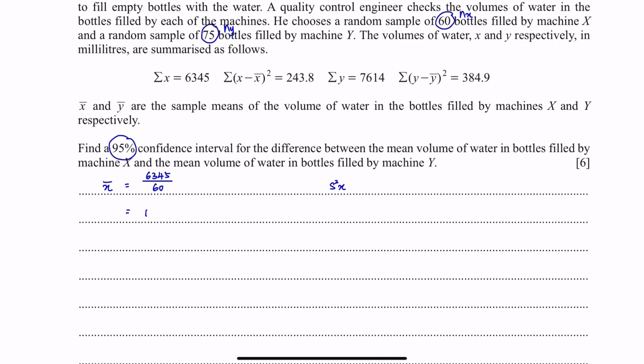So we will get 105.75. And for the estimate of variance, we have the sum of X minus X bar squared over n minus 1 as our formula. So we have 243.8 over 59, and this would give us 1219 over 295.